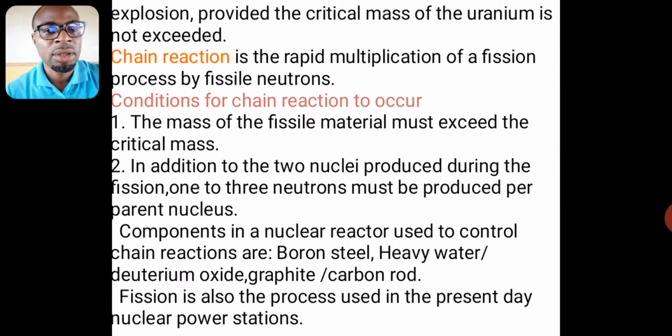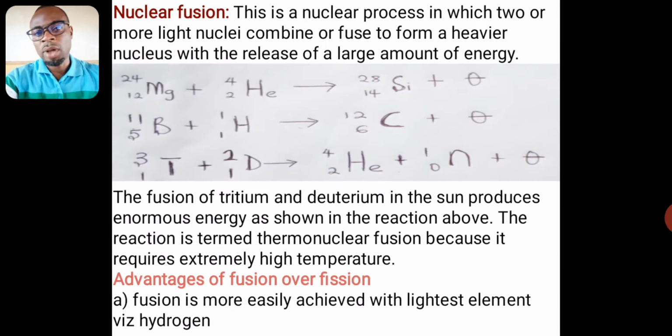And we have boron steel, we have heavy water, which is also called deuterium oxide, and we can also use graphite or carbon rod. Finally, we have that fission is also the process used in present-day nuclear power stations.